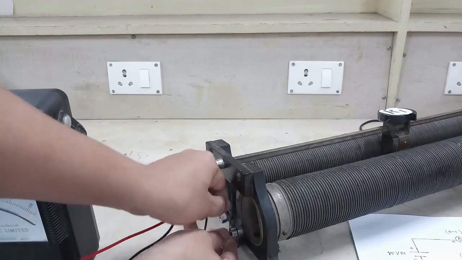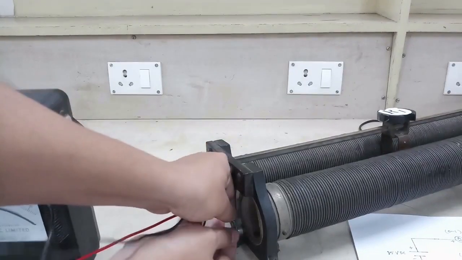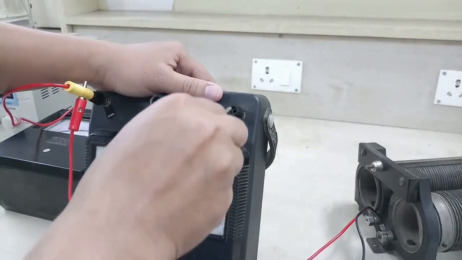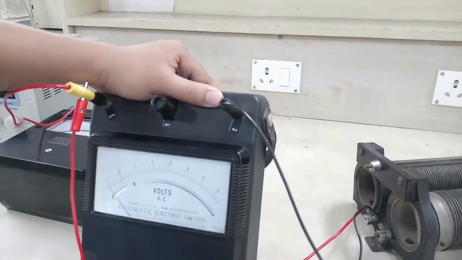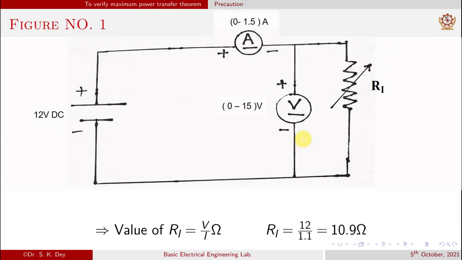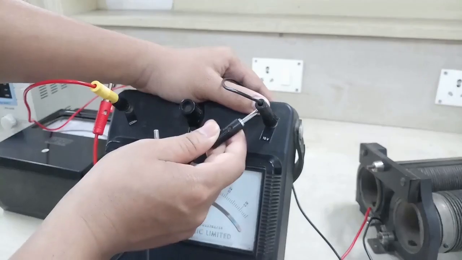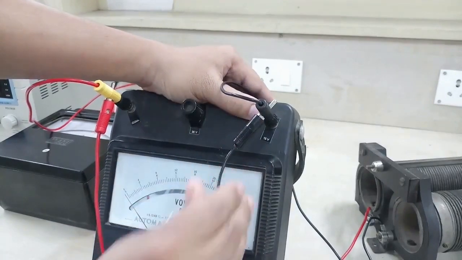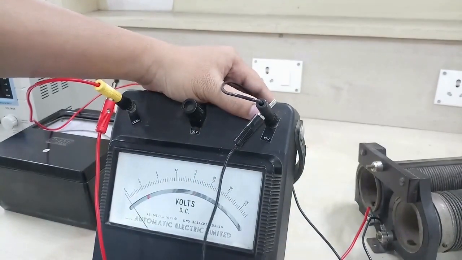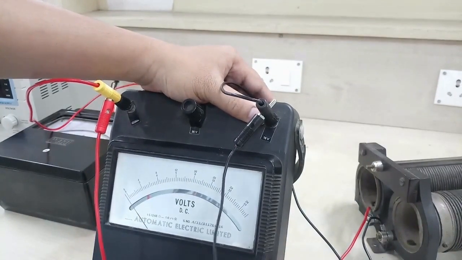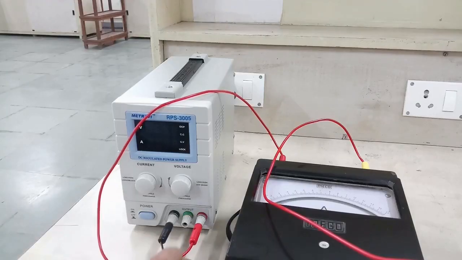Then from the 15 volt terminal of this voltmeter to the negative terminal of this DC source will be connected. The negative terminal of this DC power supply is connected.